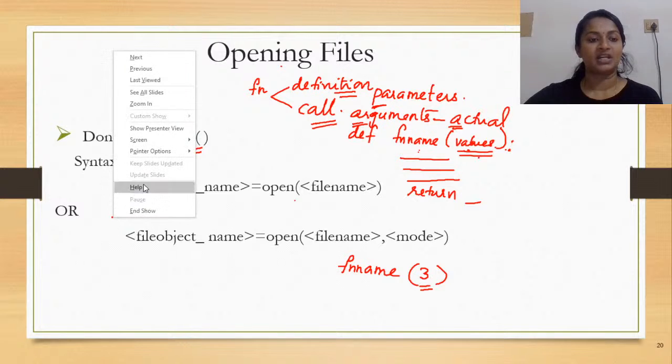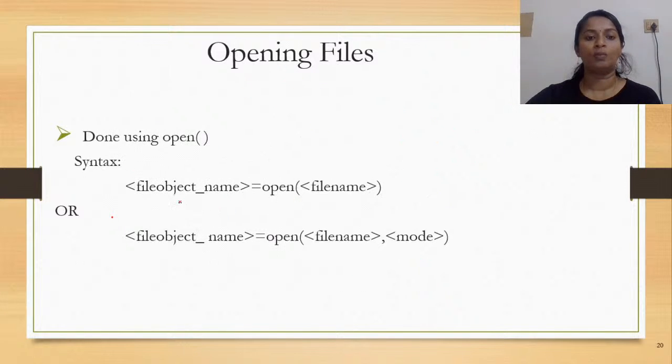So let's get back to learning the open function. See here, file object name is equal to open of file name. Either this syntax can be used, or the other syntax in which open has two parameters. What are they?